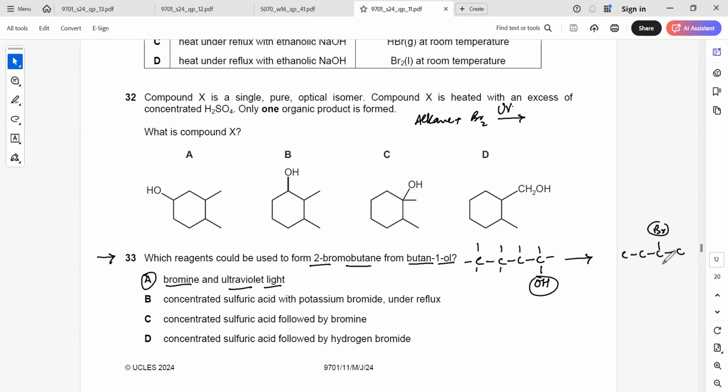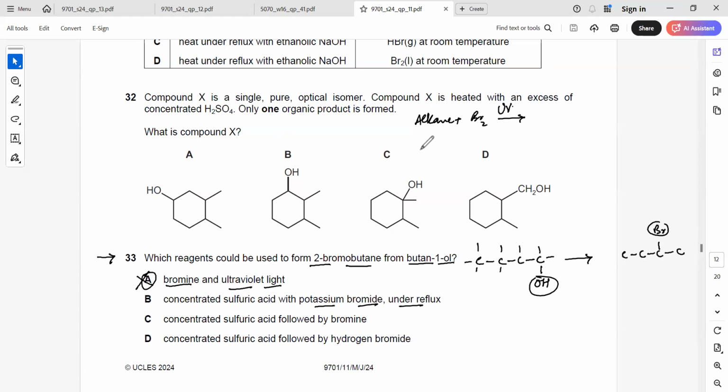So here we are going to prepare 2-bromobutane. We have to remove the OH group. So that's why option A is not correct, right?